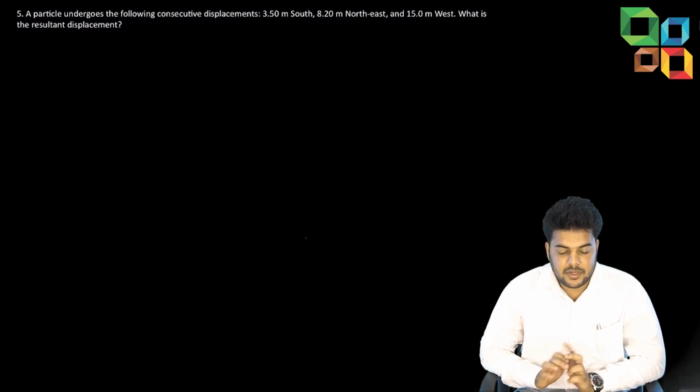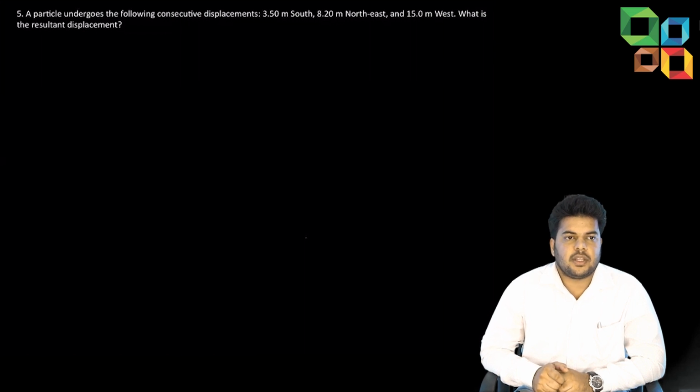Not the 4th displacement. There are 3 displacements given there, right? 3.5 meters to the south, 8.2 meters northeast, and 15 meters to the west. Can you look at it as 4 displacements instead of 3? It's a vague question, I understand.